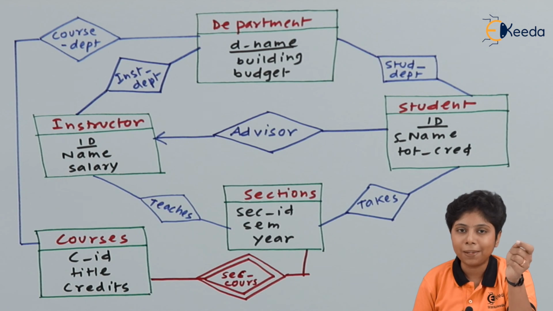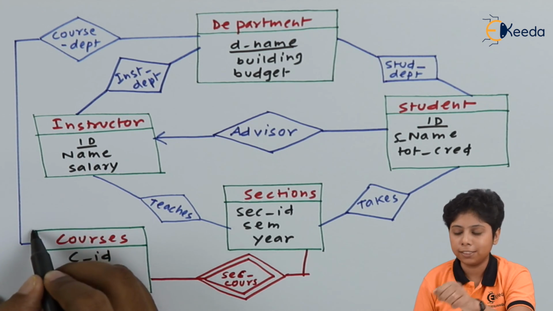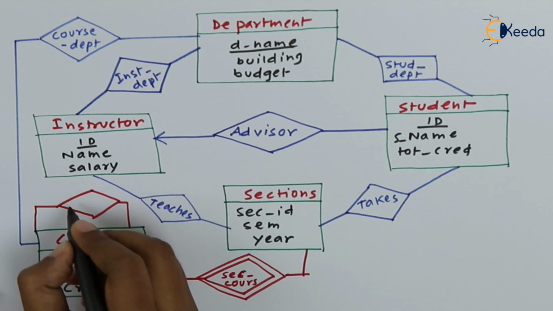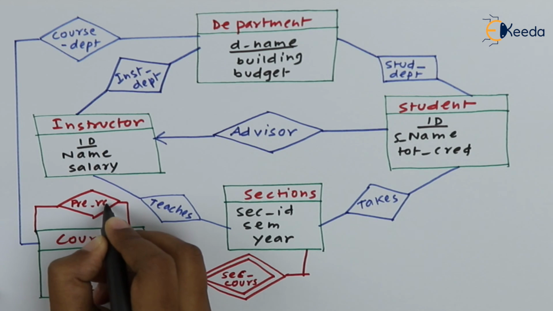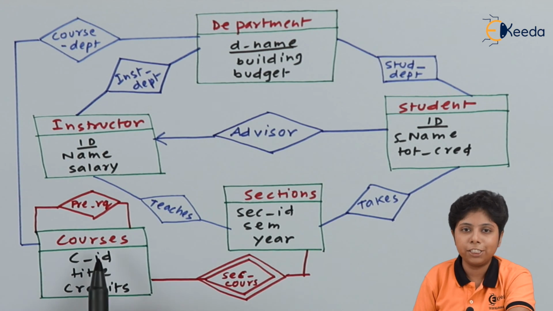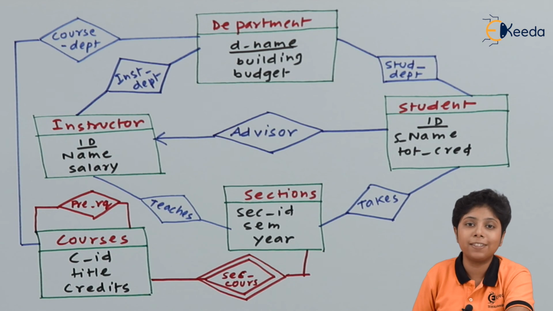So we can simply add the relationship as a loop. So the prereq relationship lies with this course relation as a loop or a self relationship.